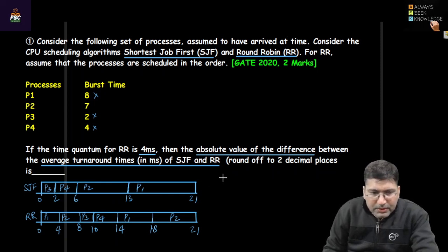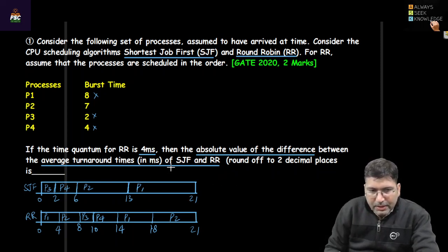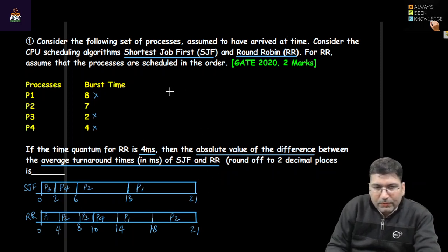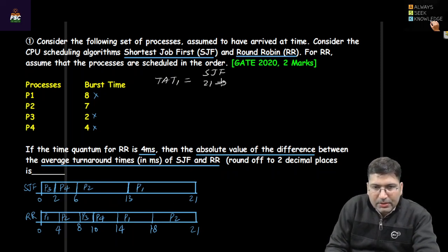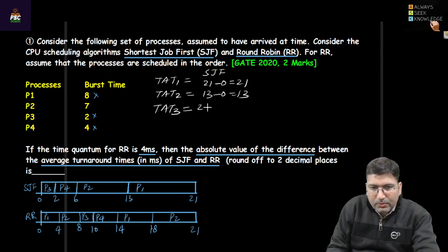Now we need to find the difference between the turnaround times. So let's calculate the turnaround time for each process in the case of SJF. Turnaround time for process 1: process 1 finishes at 21 and arrived at 0, so it is 21. Turnaround time for process 2: process 2 finished by 13, arrived at 0. Turnaround time for process 3: process 3 finished at 2, arrived at 0.